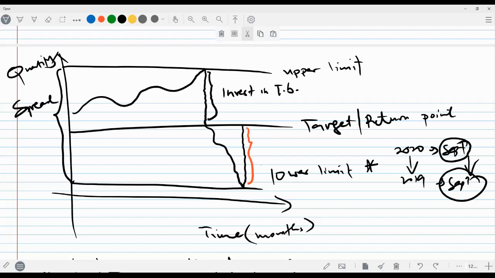You boost the cash balance by disposing of your previous investment, making a sale of money market instruments, treasury bills, marketable securities, to boost the cash balance back to the target point. Clear?